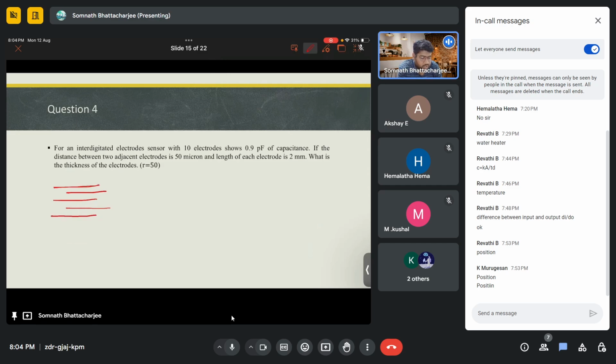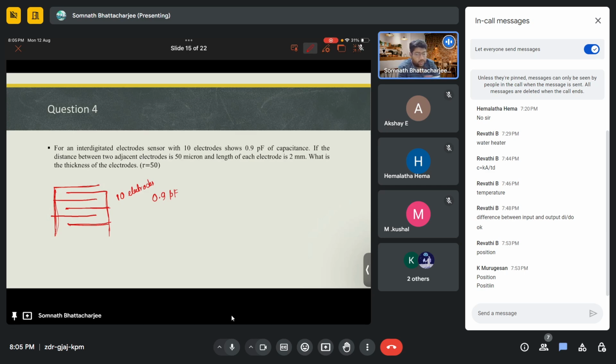I have already shown this structure. It's called an IDE pattern, interdigitated electrode pattern. There can be numerous fingers. Let's say we have this kind of pattern. There are 10 electrodes, each with a capacitance of 0.9 picofarad.